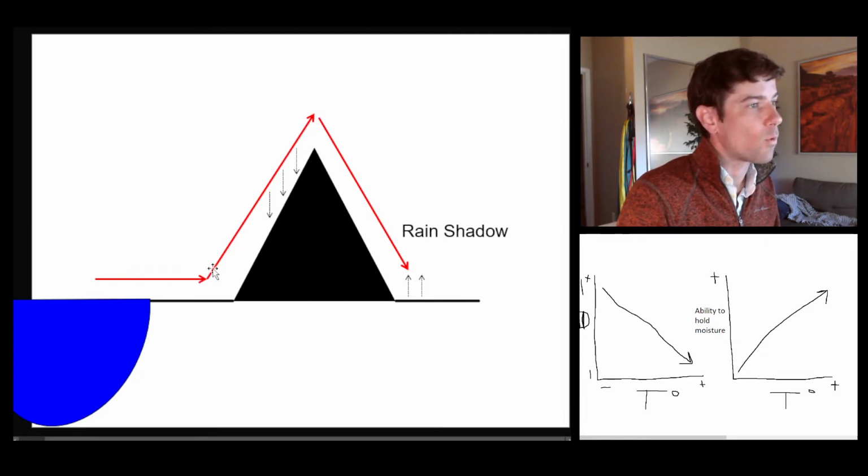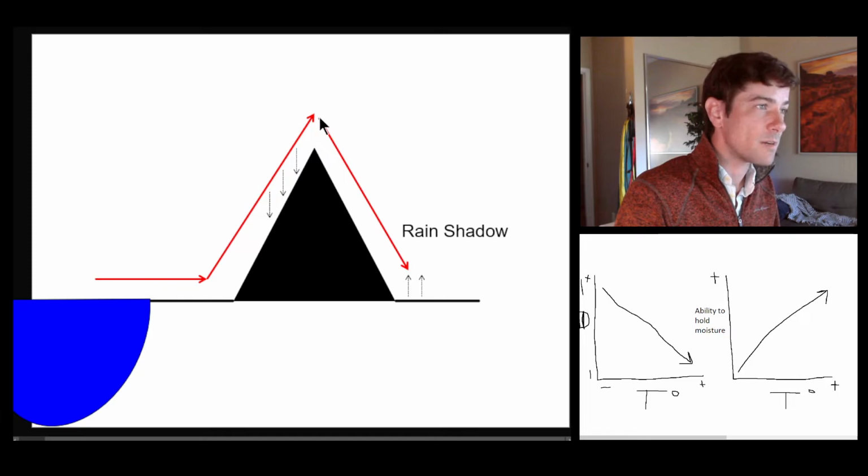And so on one side, the windward side of mountains generally, or the seaward side, you get a lot of rain. Okay, but when the air gets up to the top of the mountain, it's the coldest it's going to get, so its ability to hold moisture is at its lowest. Then it goes over the top and starts to sink back down into the valley on the other side.